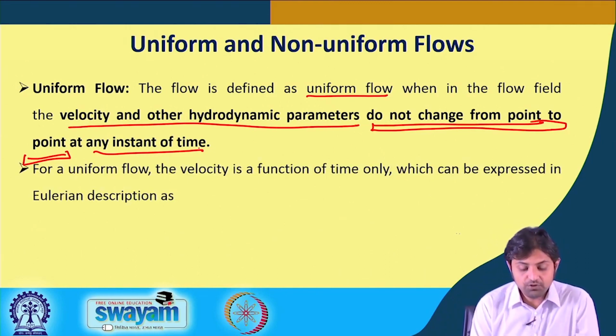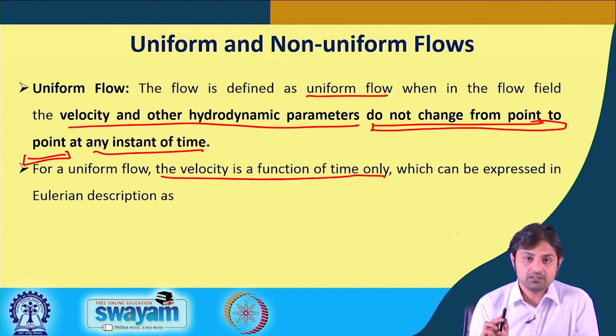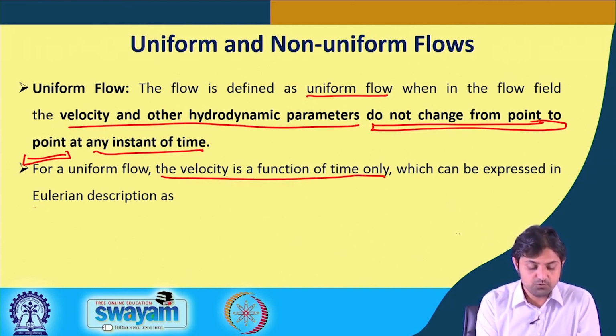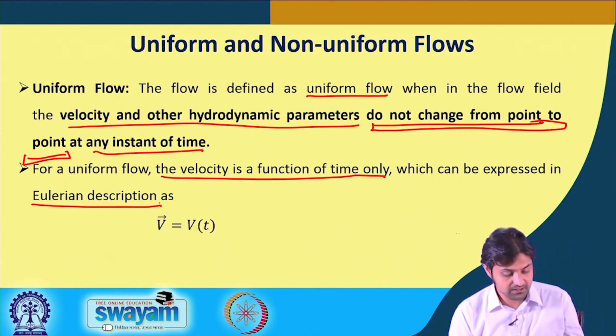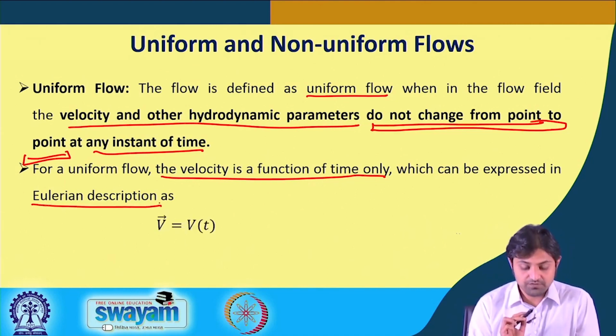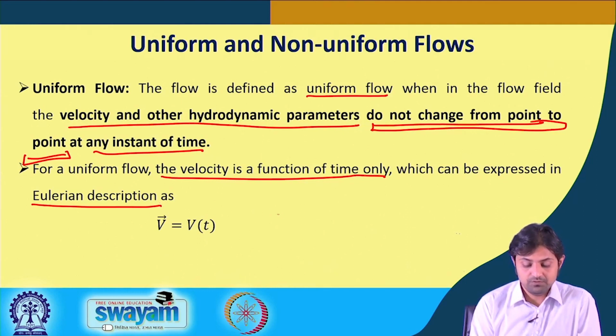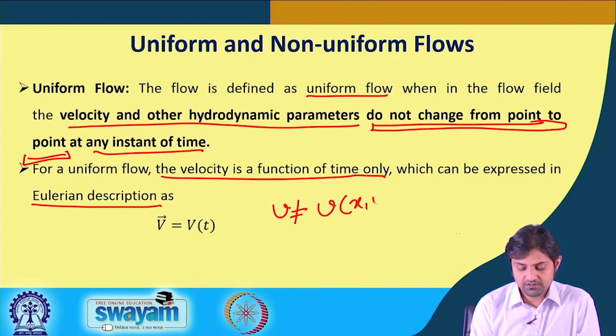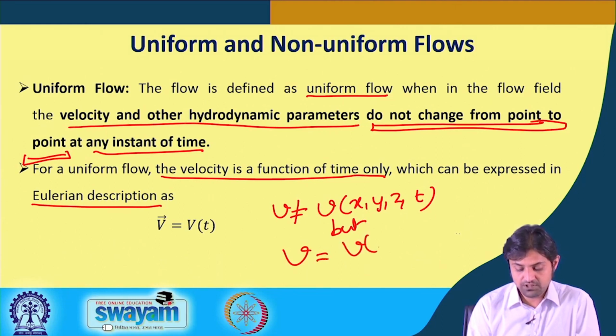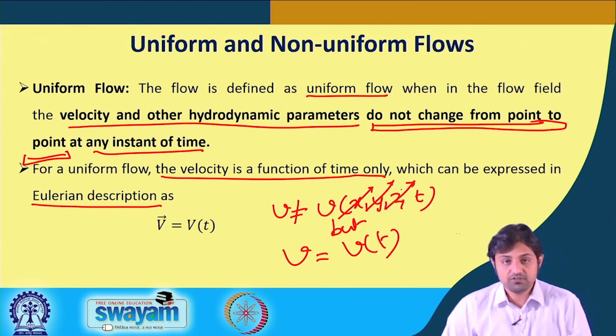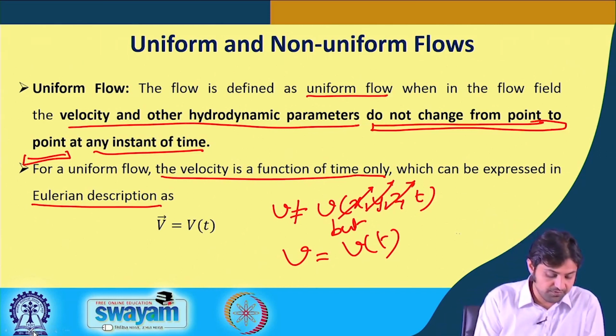For a uniform flow, the velocity is a function of time only, which can be expressed in Eulerian description as v as a function of t. So, v is not a function of x, y, z, t, but only a function of t. So, these x, y, z components vanish when it is a uniform flow.